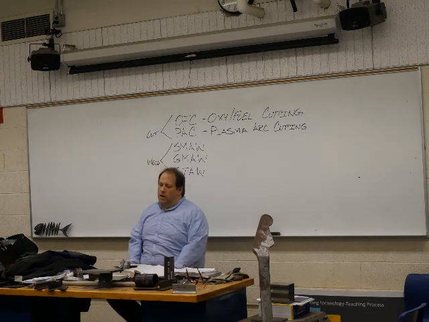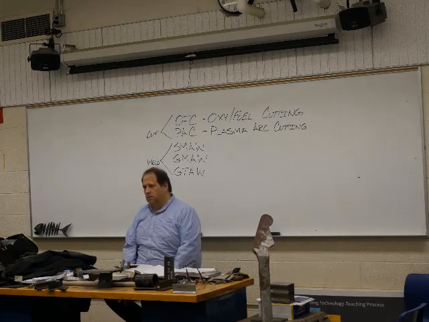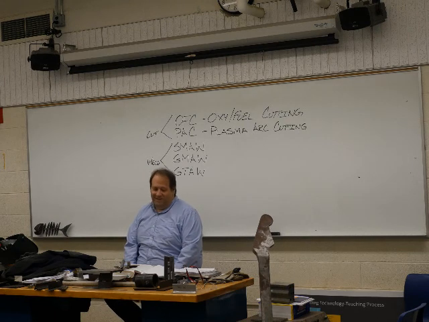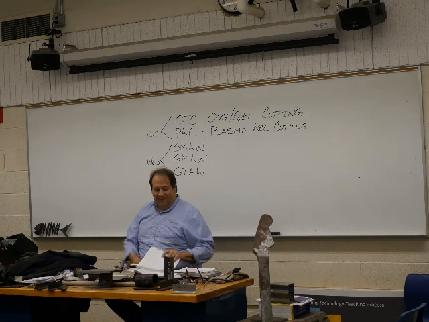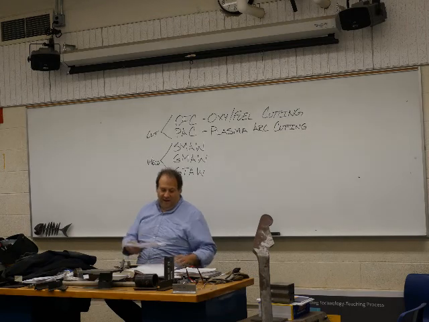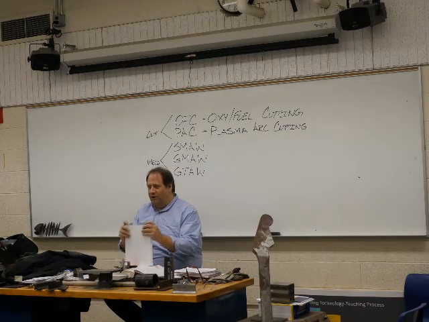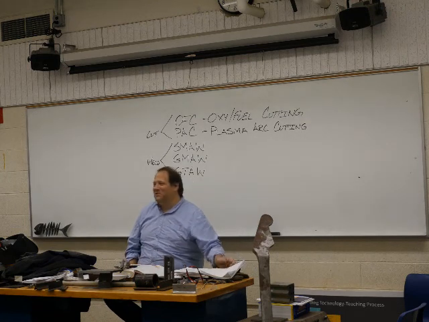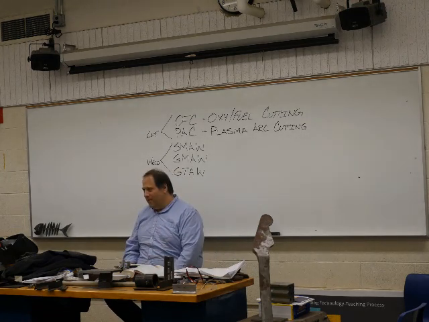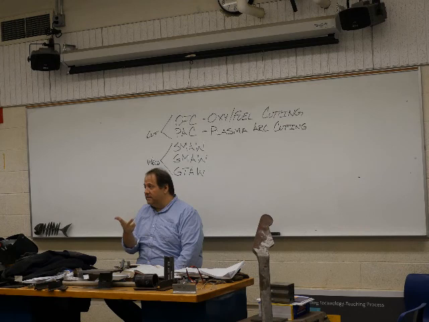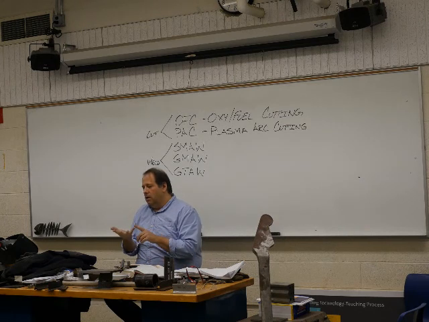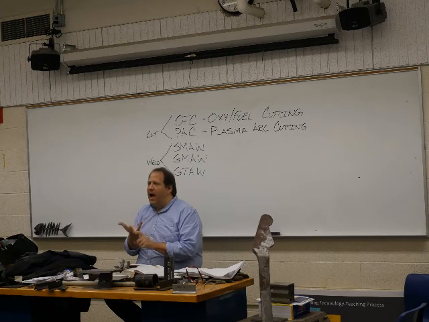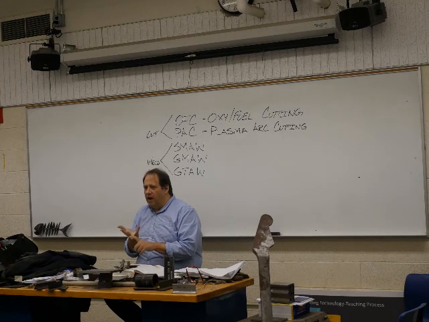So, any idea what plasma is? So plasma is the fourth form of matter. We've got solids, liquids, gases, and then we have plasma. Plasma is essentially a gas, but it is a gas that we've ionized or electrified.